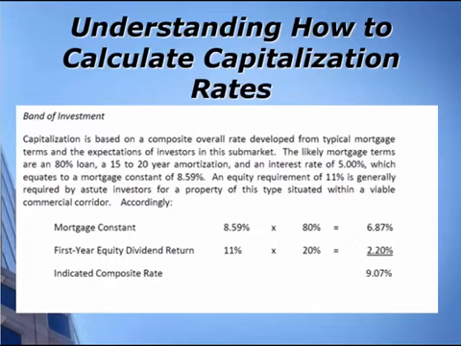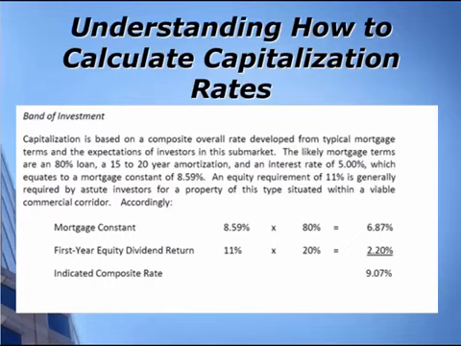Now, let me show you how these numbers change. What would happen if instead of it being an 80-20 loan, it was a 90-10 loan? Now realize something here: when we go from an 80-20 loan to a 90-10 loan, is that a more conservative loan from the bank or a riskier loan?